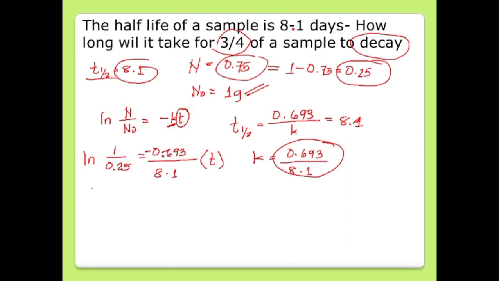So, calculating our t, t is equal to, anong magiging value ng t natin?